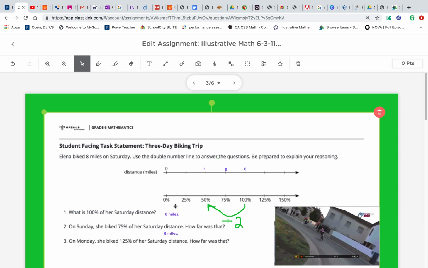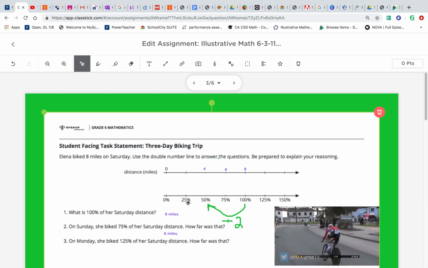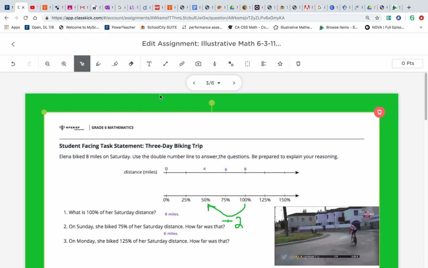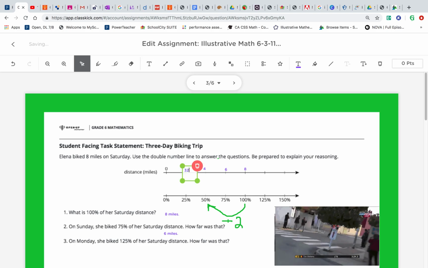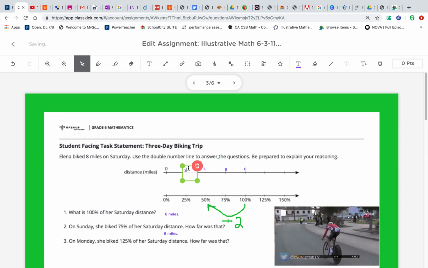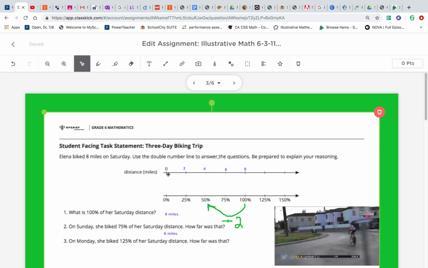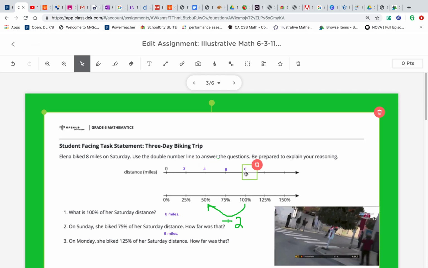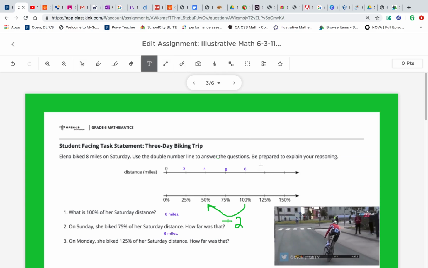Okay, so between 0% and 50%, can you see where 25% would be half of that, right? What's halfway between 0 and 4? It is 2. All right, not 3, and not 32. 2. All right. So now if you look at the number line we have up here on the top line, we have 0, 2, 4, 6, 8. What do you think would be next? Yes, you guessed it.